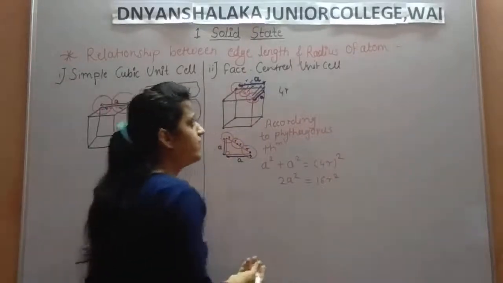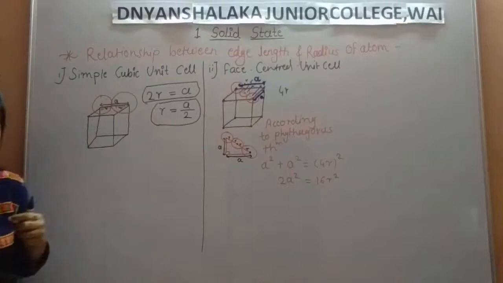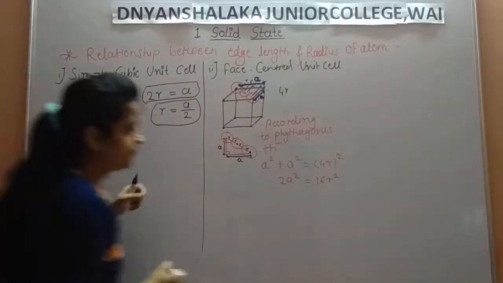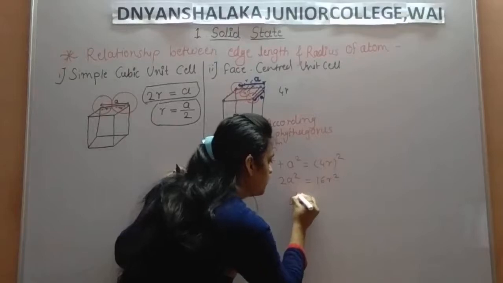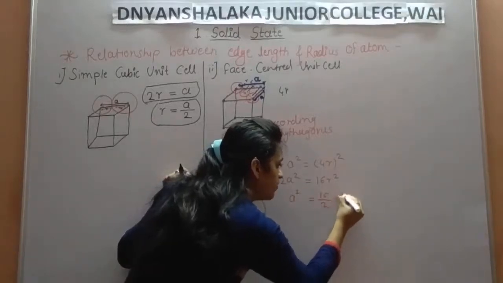So how to find out the edge length and radius of the atom for the face center unit cell? a square is equal to 16 upon 2 r square.